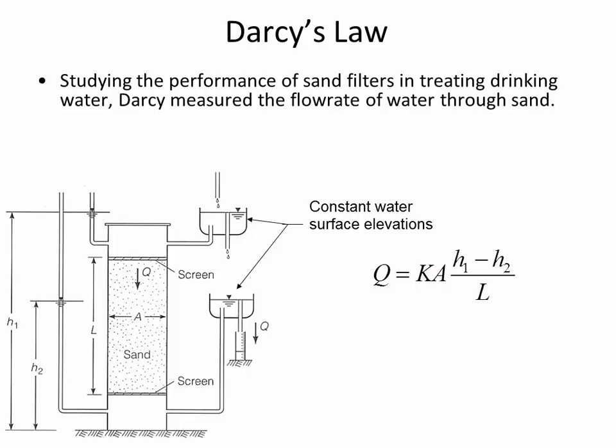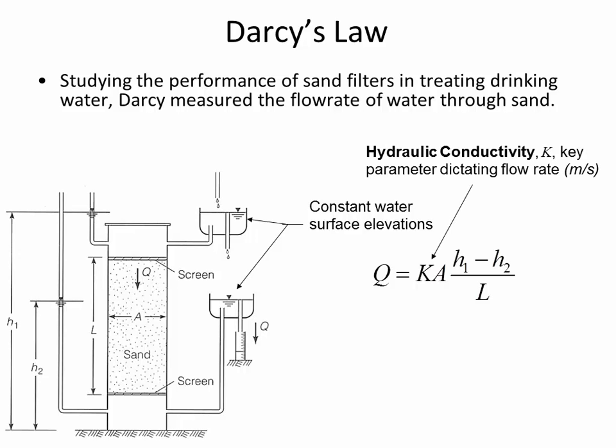And if there is clay inside of this tube, water is going to move very slowly from the upper reservoir to the lower reservoir. If it's gravel, then the water moves very easily between the two reservoirs. And so this parameter K, the hydraulic conductivity, tells us how easily water can move through the soil.